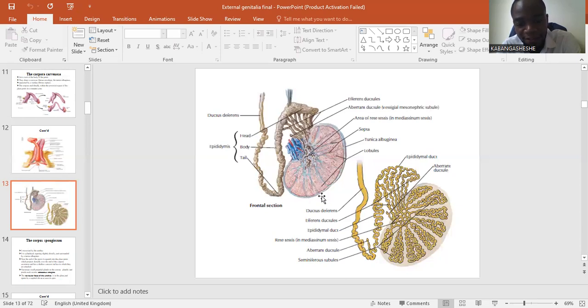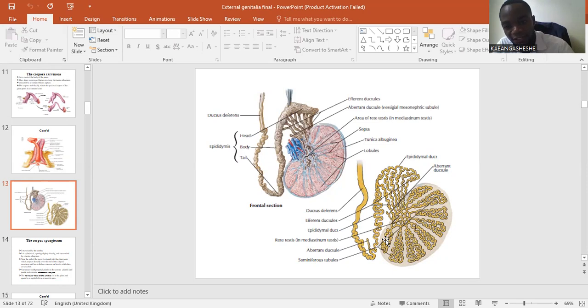So you see that the right testis will be hanging a bit higher, whereas the left testis seems to be hanging lower than the right testis. This is normal in all males on average. It's rare that it's a right testis that is found to be hanging lower, but that has no effect on fertility or reproduction. It's just a normal arrangement of the human body.